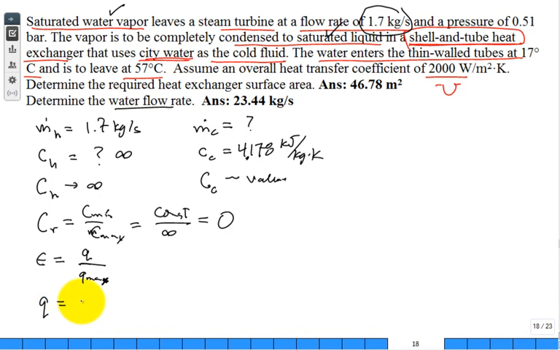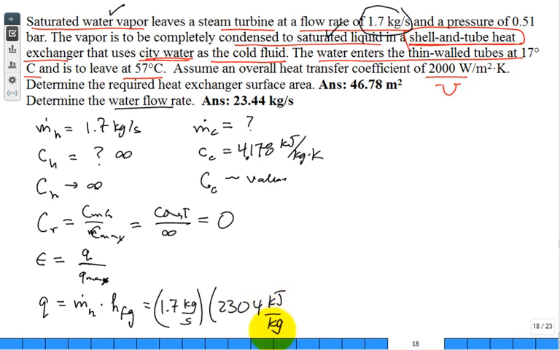So what is the Q? The mass flow rate of the hot steam times h_fg at 0.51 bar. The mass flow rate is 1.7 kilograms per second, and the h_fg is 2304 kilojoules per kilogram.